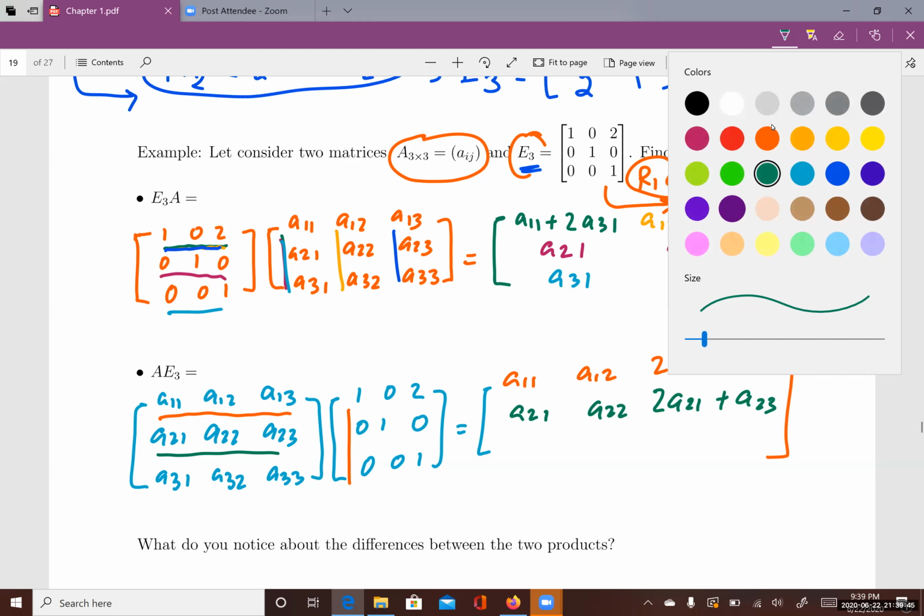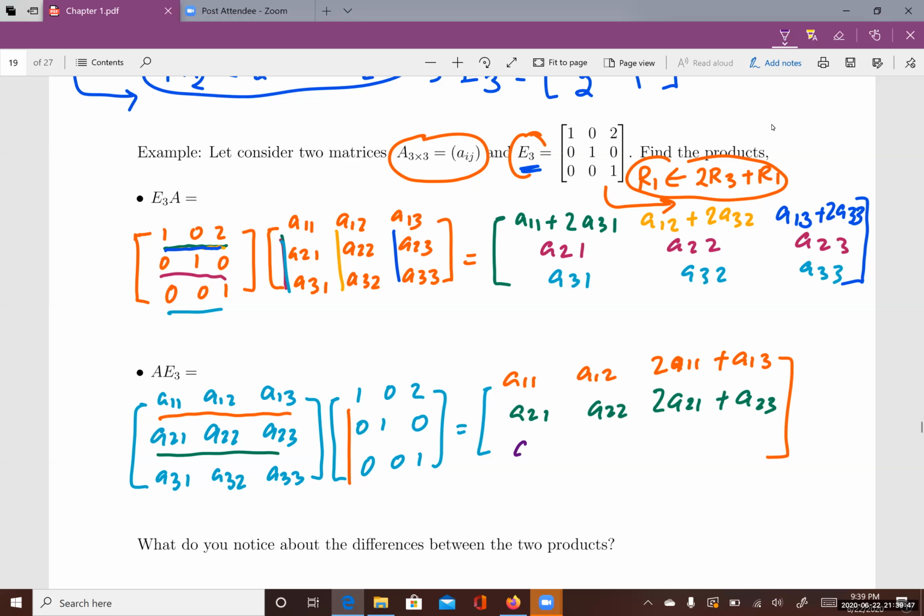Okay, last row, you will have A31, A32, and the last one is 2A31 plus A33. Okay, now we can see that these two matrices here are not the same.